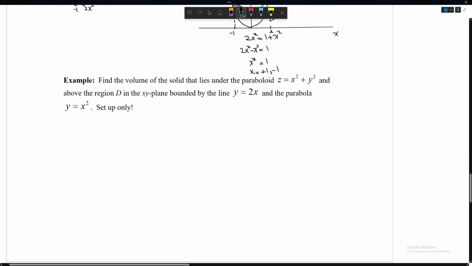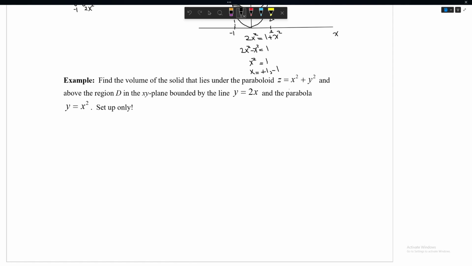Find the volume of the solid that lies under the parabolic surface and above the region D in the xy plane, bounded by the line and the parabola. Setup only. Nice. So like we said, if you're looking for volume under, you always want to just look at it from above.